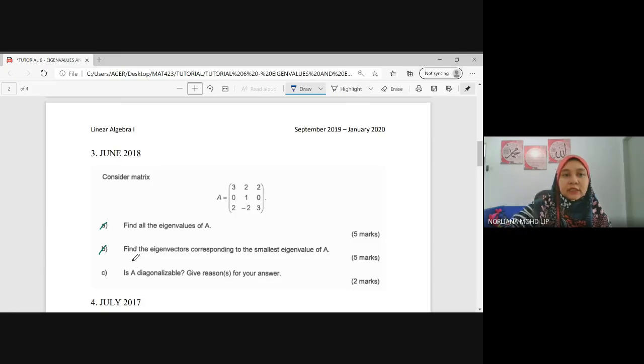In June 2018, we find all the eigenvalues of A. Ni yang sebelum ni lah yang awak dah belajar last week. Determinant of A minus lambda I equal to 0.